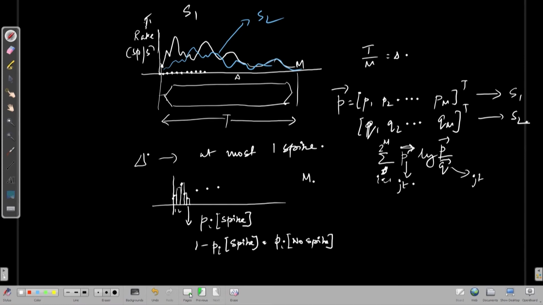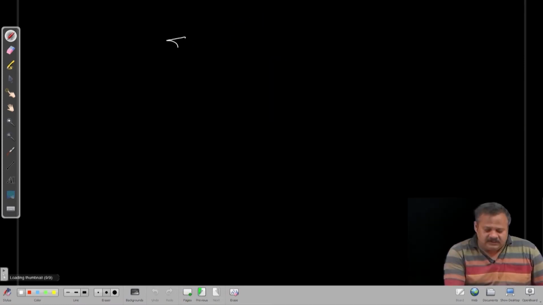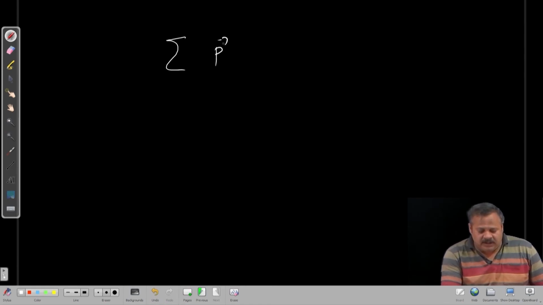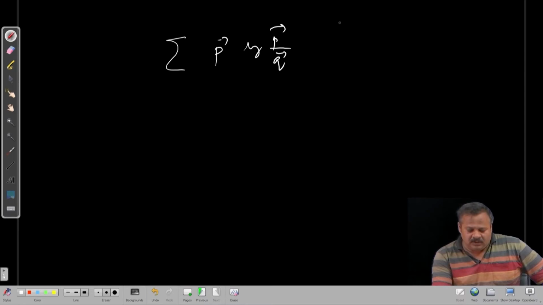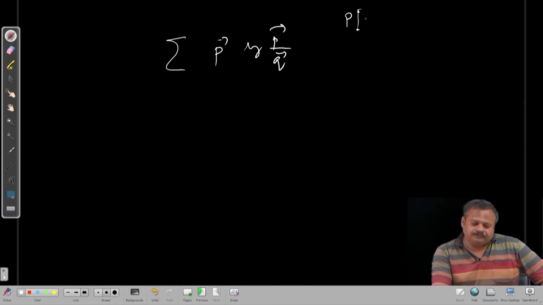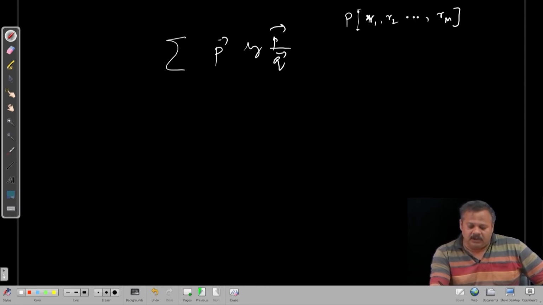Let us go to the next page, that is, summation P log P by Q. So P is the joint distribution of, let us say, the probability of response 1, response 2 up to Rm.